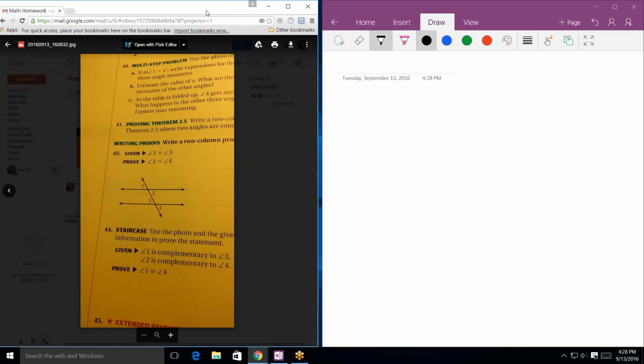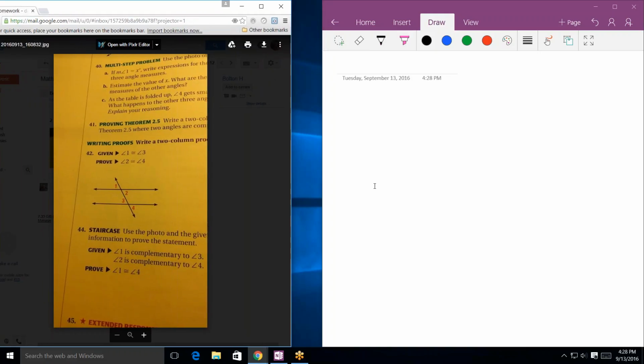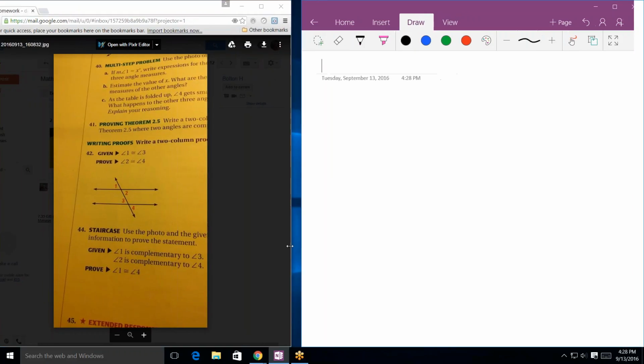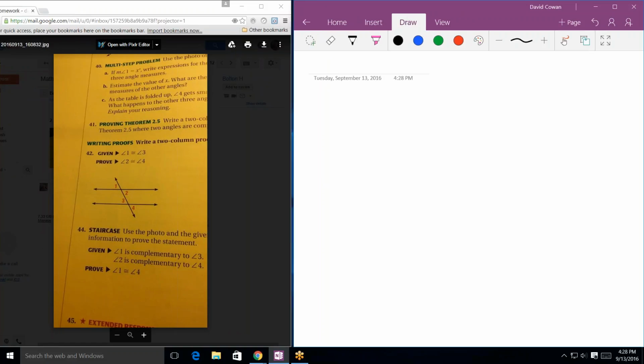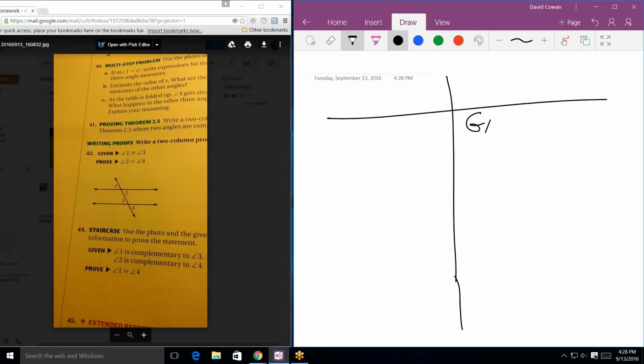Okay. 2-column proofs. I know about 2-column proofs. Okay, good. Those aren't hard. Here's how we want to set it up. Let's start with the given.